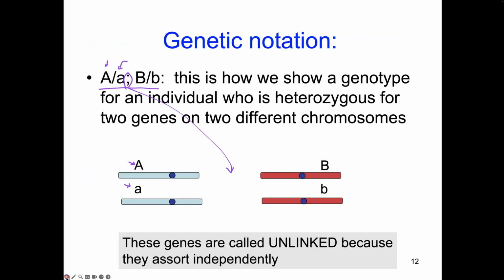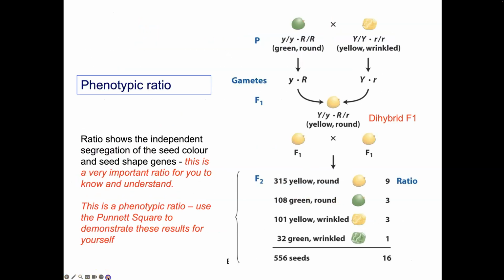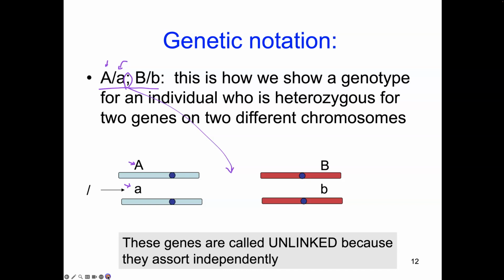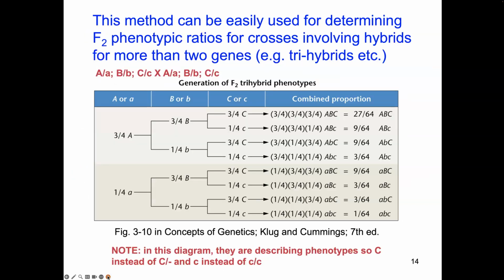We did that here by looking at one gene first, and then the other gene second, and then multiplying those probabilities. So this is just an introduction to that branch diagram method, and I just want to go through it and show you how you can actually use it for more than 2 genes.